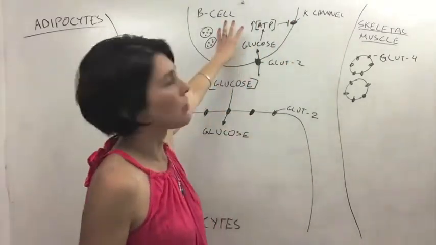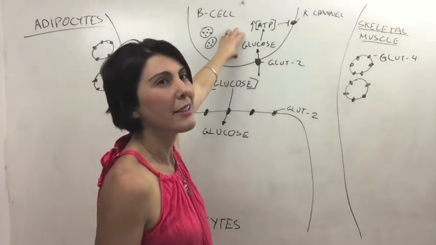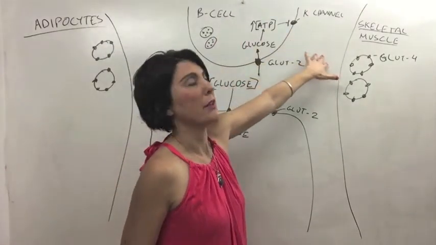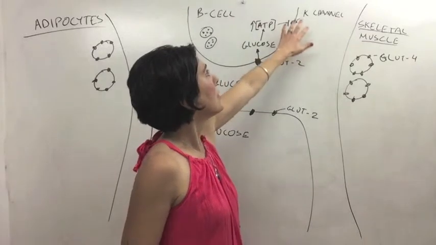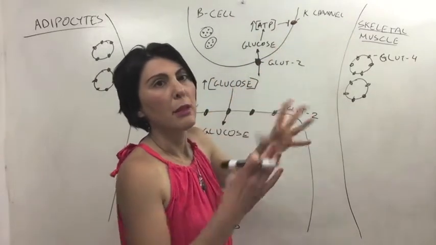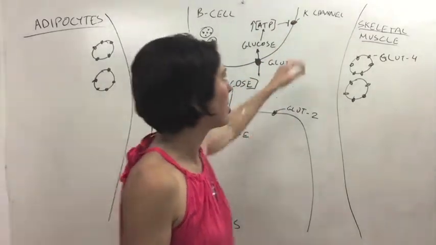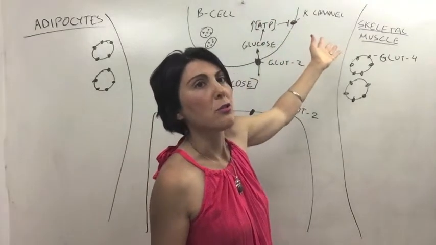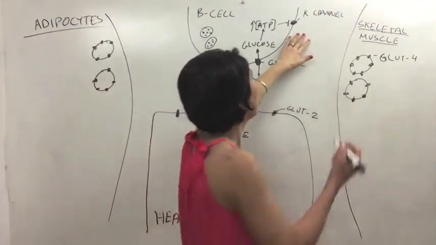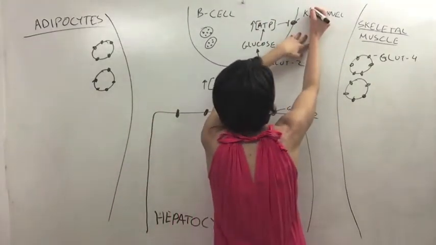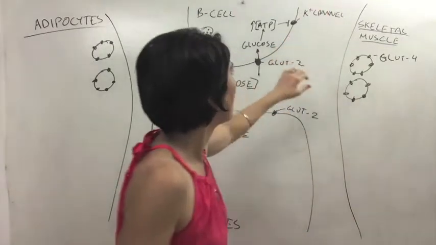So usually the concentration of potassium is high inside the cells and low outside the cell, so you have a gradient. So if there's a channel or something on the membrane that allows the movement of potassium, it will move down its concentration gradient. The other thing about potassium is that it's a positive charge.